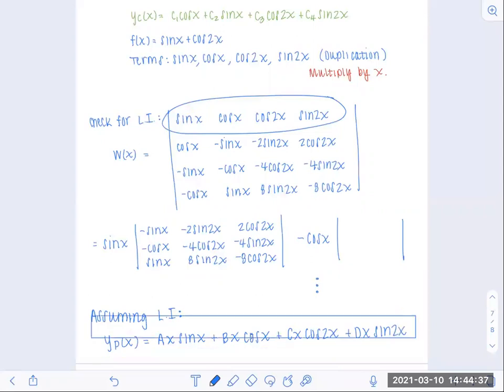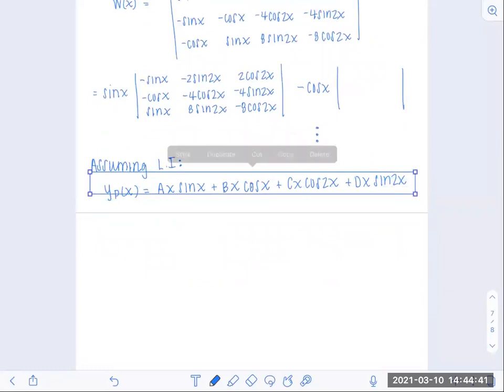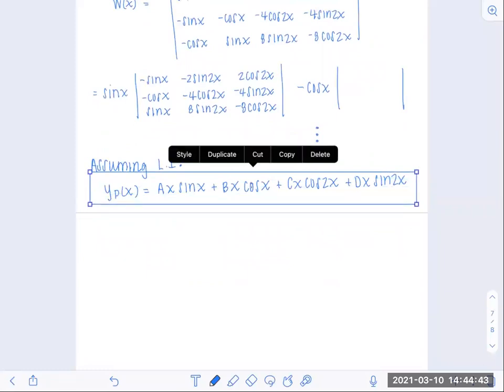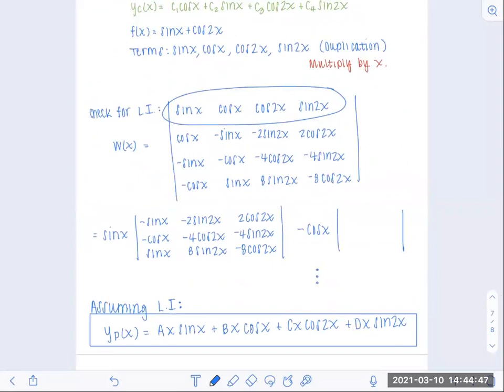And this right here is the setup for my particular function, assuming that each of those four functions were linearly independent with respect to each other.